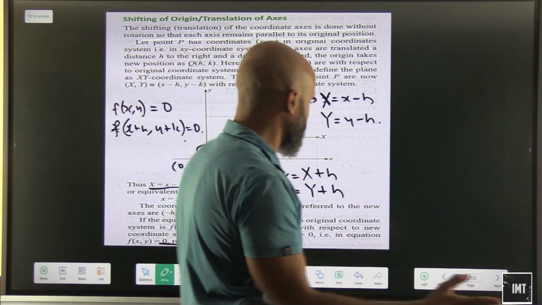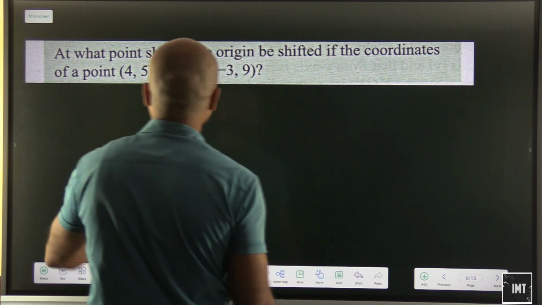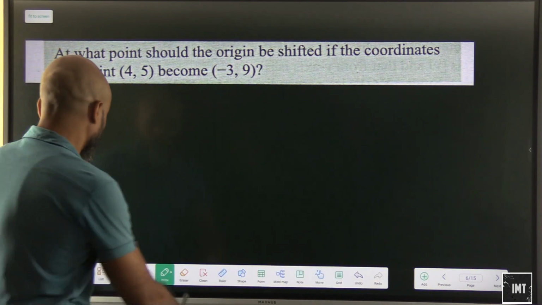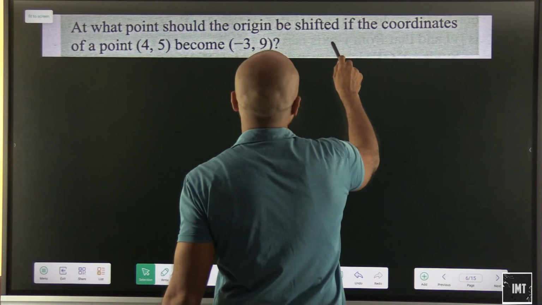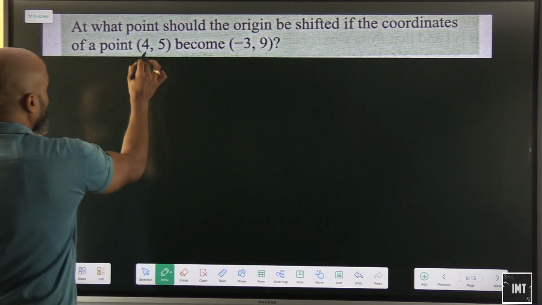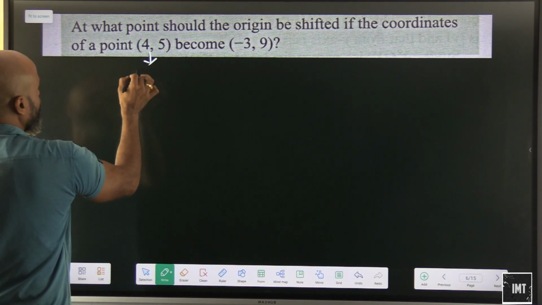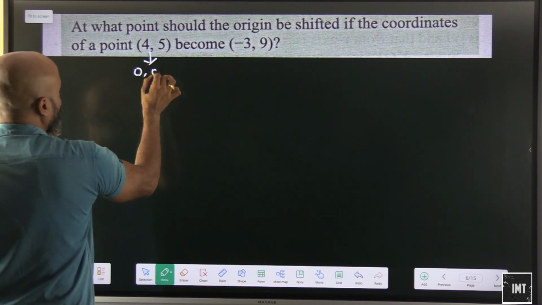Okay, so let's do a couple of problems here. At what point should the origin be shifted so that the coordinates of the point 4 5 with respect to the original origin become minus 3 9?